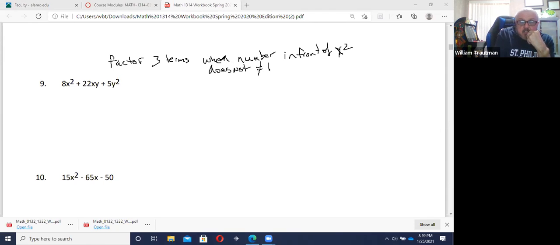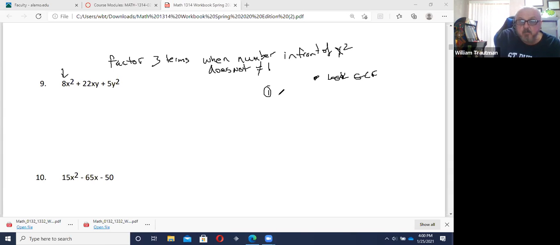Step 1, find the GCF. There is no GCF. You always look for a GCF. If there's a 1 in front, we can use the same method we used last time for the 3 terms. If there's something other than 1, like 8, we have to use a different method.